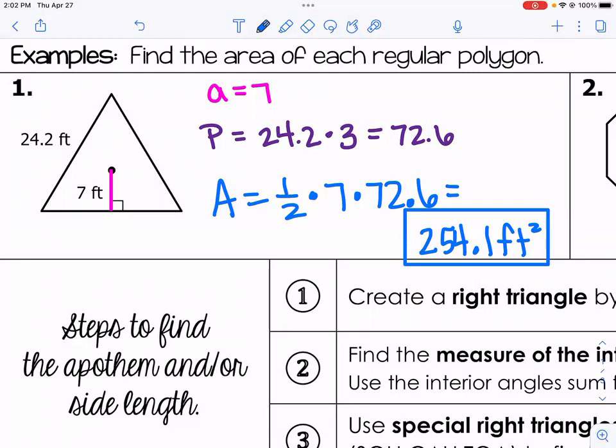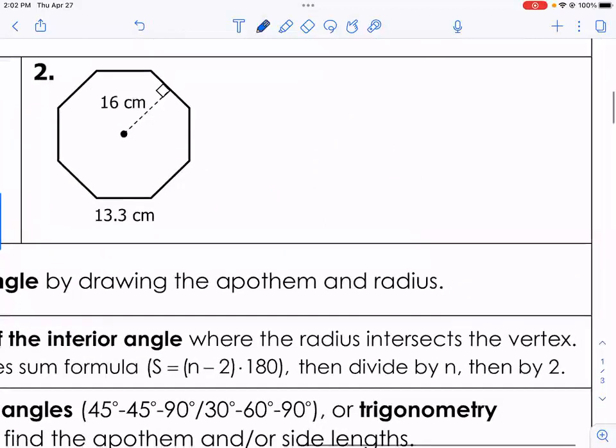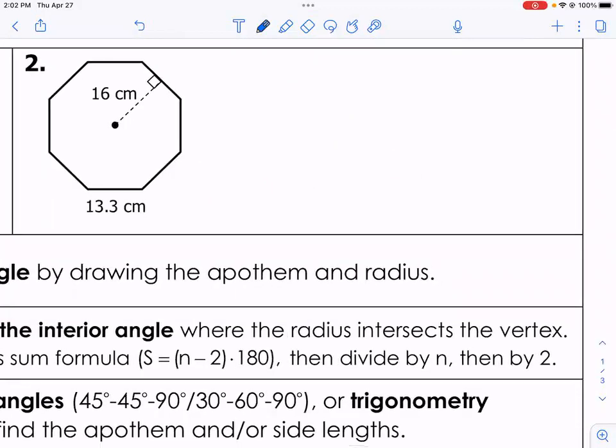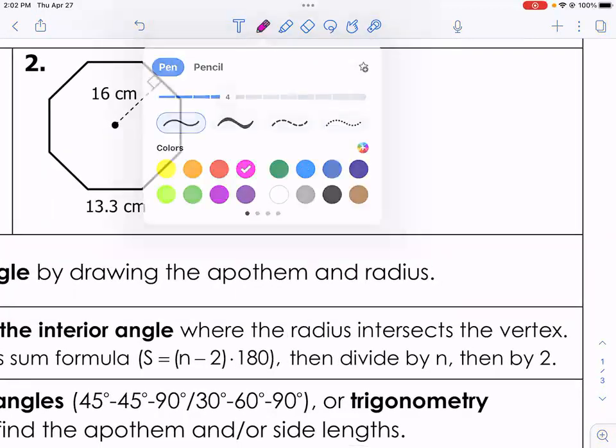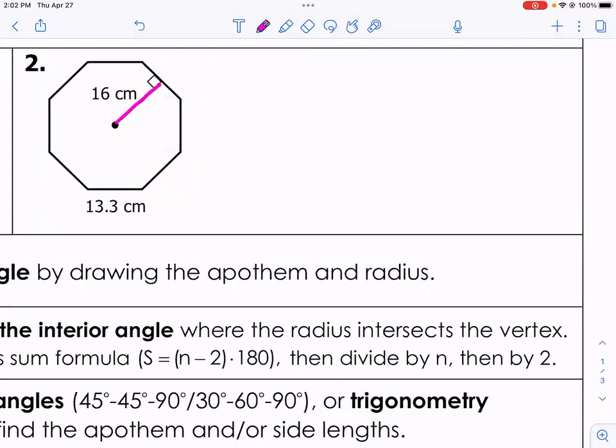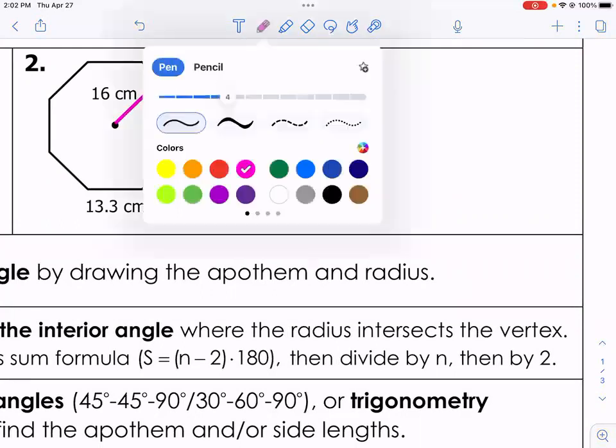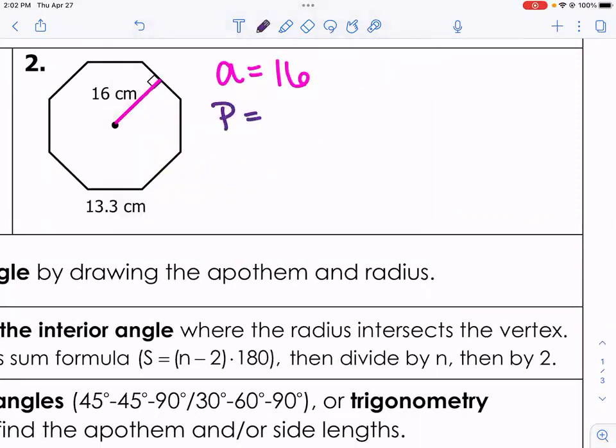I was talking about my calculator. Register the calculator.